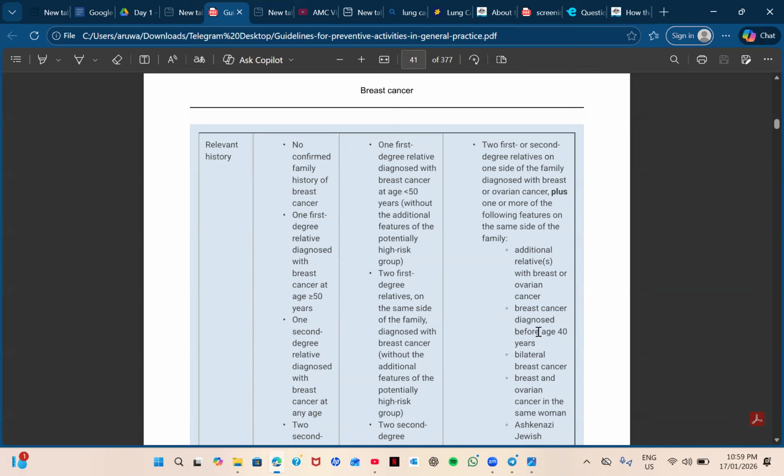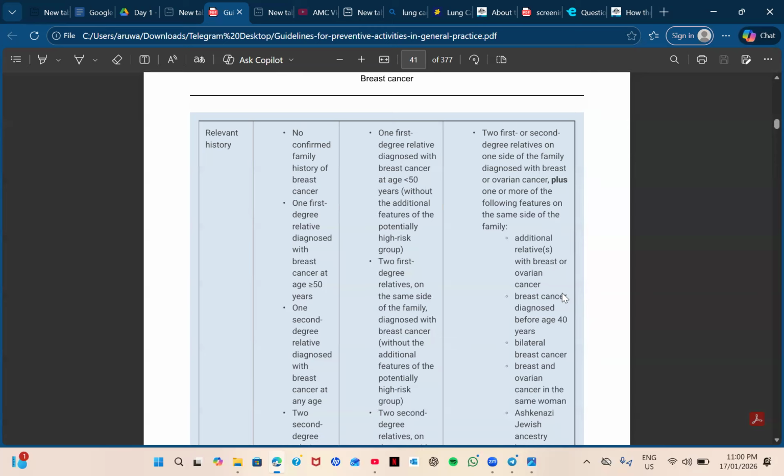But in general, we have an idea of the risk factors: male breast cancer, or ovarian and breast cancer in the same person, and Jewish ancestry. And two first or second degree relatives, so you can easily diagnose them as the high risk category, right?